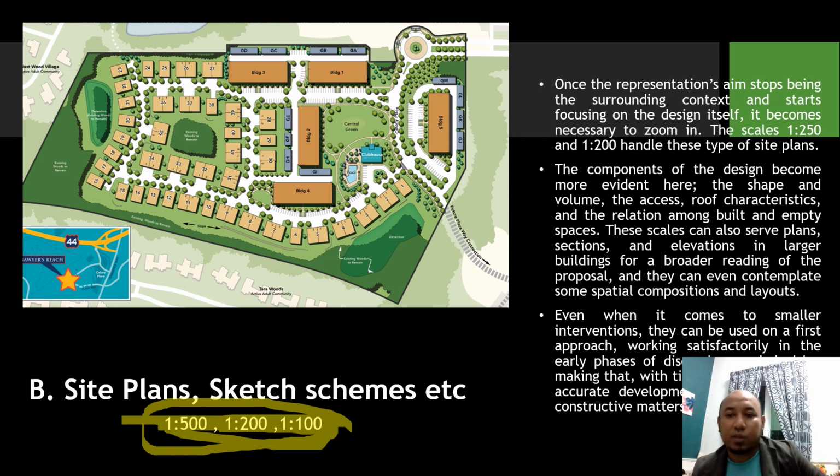The components of design become more evident here: the shape and the volume, the access, room characteristics, and the relations among built and empty space. This scale can also serve plans, sections, and elevations in the largest buildings for the broader reading of the proposal, and they can even contemplate some spatial composition and layout.